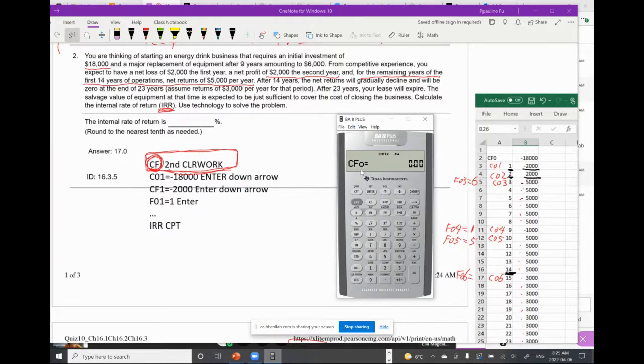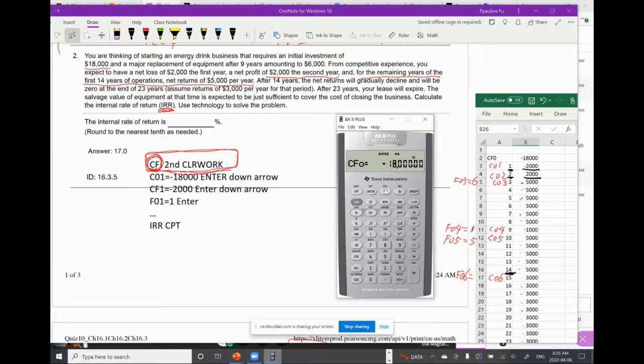Okay. Now enter CF0, initial cash flow. This CF0 is negative 18,000. So 18,000 negative. Okay. And then click the Enter key to take effect.